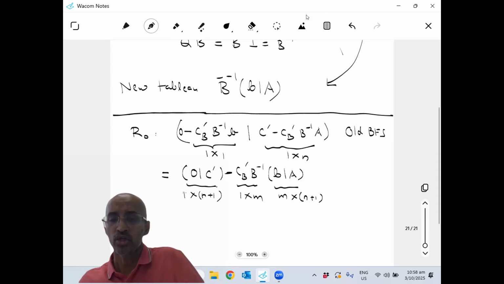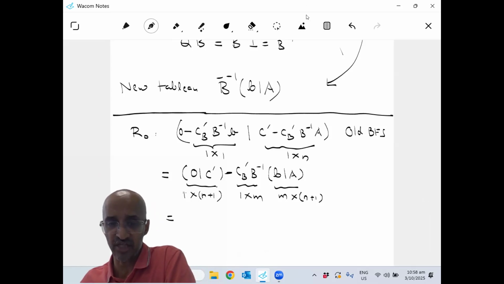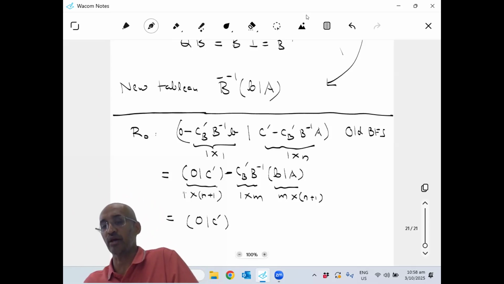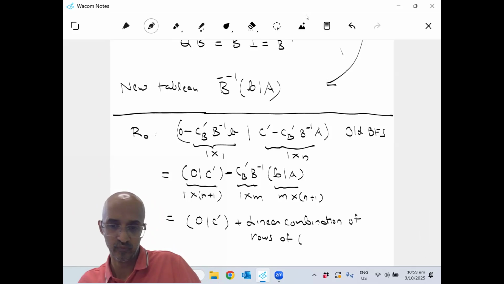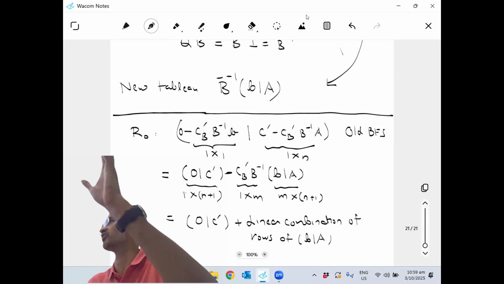Now you can think about this as nothing but zero C transpose minus some CB transpose B inverse times BA. So this is some linear combination of the rows of B and A because I'm pre-multiplying by some matrix CB transpose B inverse.